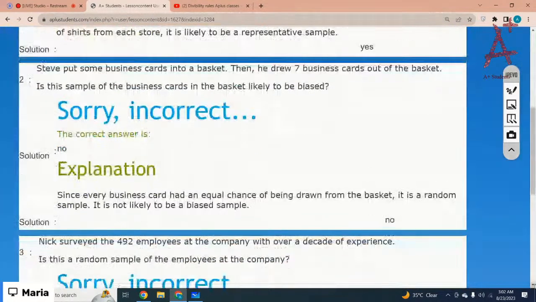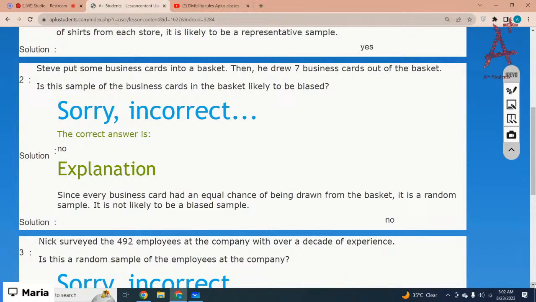The next example: Steve put some business cards into a basket, then he drew 7 cards out of the basket. Is this sample of business cards in the basket likely to be biased? The correct option is no. Why?